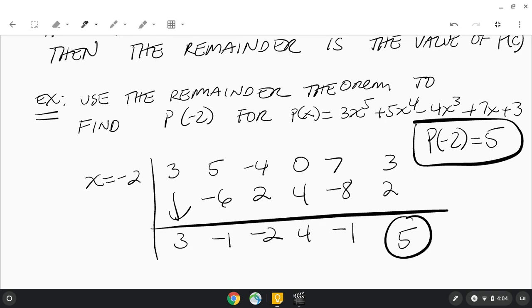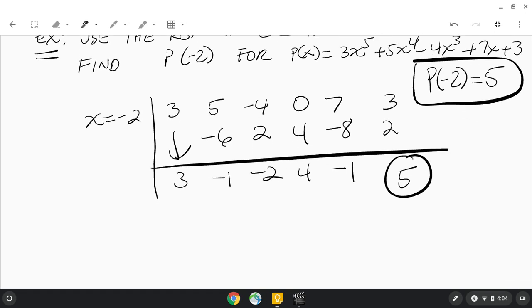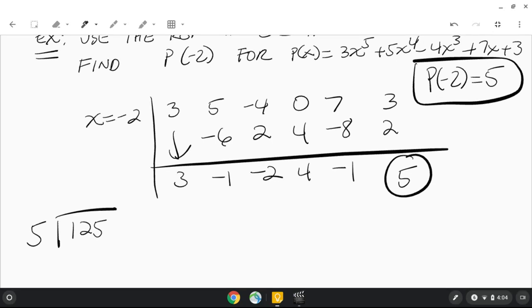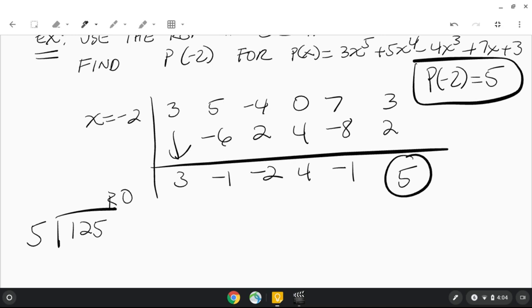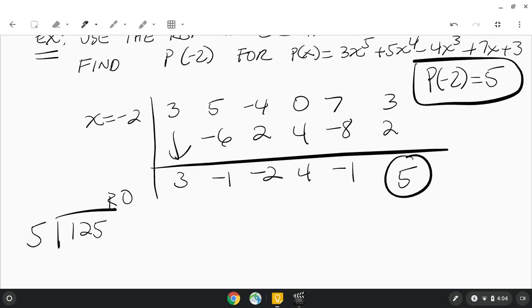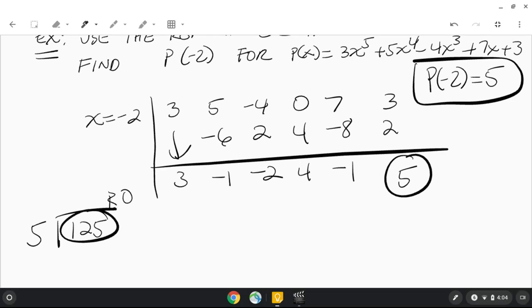Okay, so what's going to happen here is in the next chapter, we're going to be using this because just like with real numbers, if you're doing long division, like let's say 125 divided by 5, if we have a remainder of 0, then that means that 125 is divisible by 5.